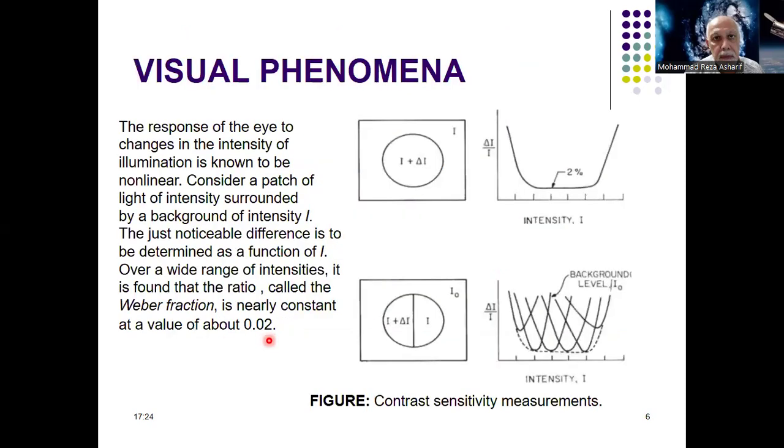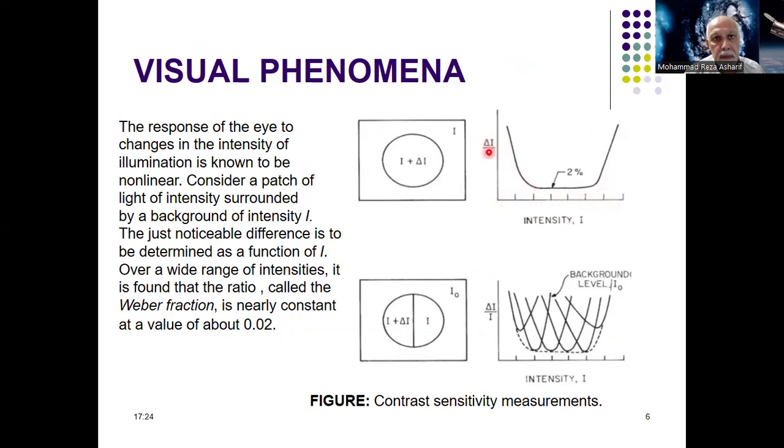Okay. There are some visual phenomena. Here it is like this. It is kind of delta I to I, like the derivative of the logarithm. So this delta I to I is constant for normal intensity. For very low or very high intensity of light, it's different.